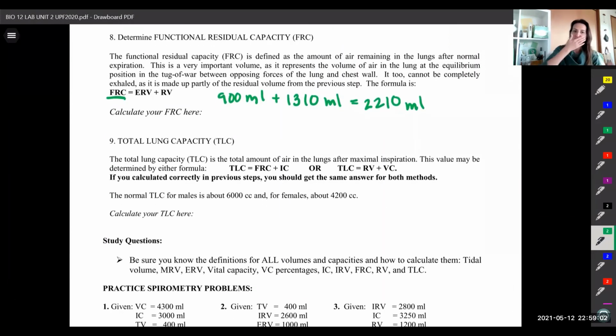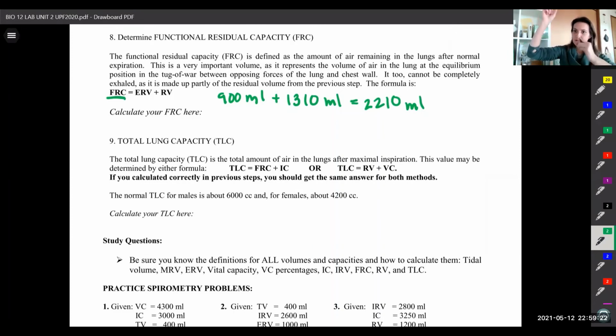And that leaves us with one more calculation we can do, and that would be the total lung capacity, the TLC, right? And there's different ways we can think of the total lung capacity. So all of the volumes added together, the IRV plus the TV plus the ERV plus the residual volume, the RV.